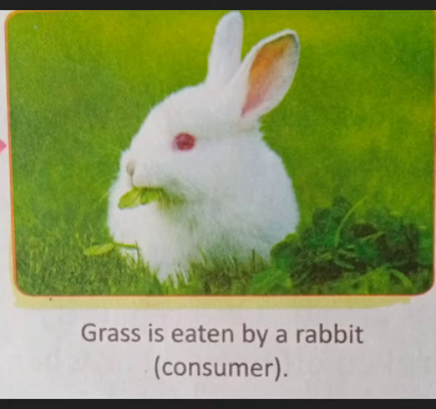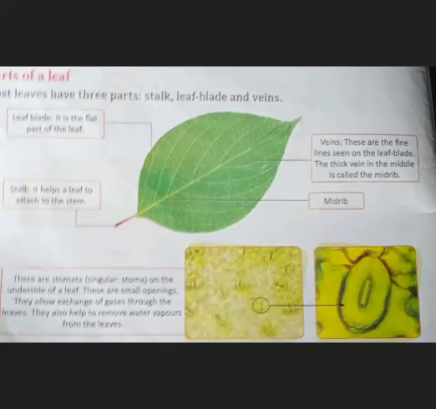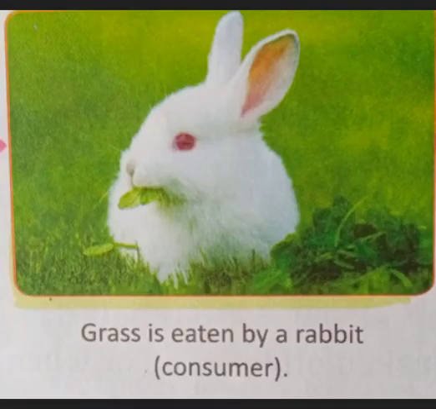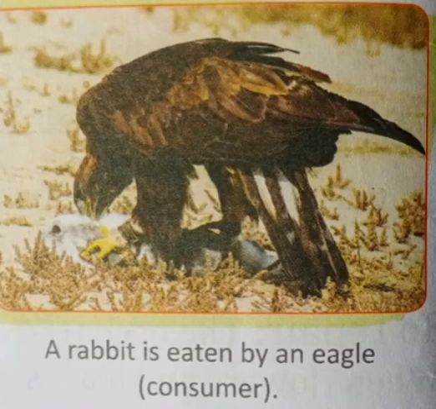A food chain shows us living things depend on one another for food. A food chain always begins with a plant. Since plants produce food in their green leaves, they are therefore known as producers. Humans or animals eat plants and are therefore known as consumers.